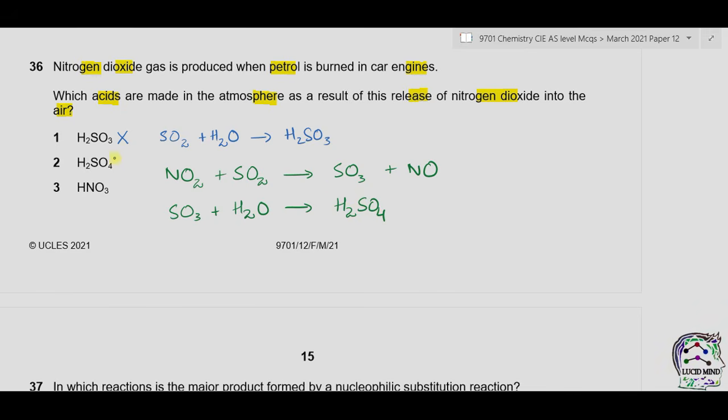So nitrogen dioxide can make sulfuric acid, so this is correct. Third one is nitric acid. NO2 can also react with water to form HNO2 and HNO3. So this is also correct. As options 2 and 3 are correct, the answer is C.